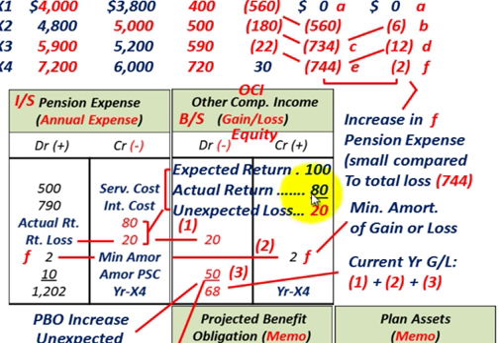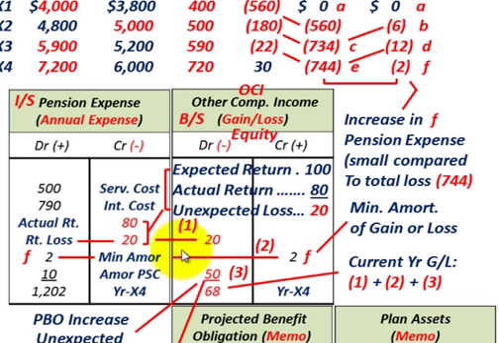Okay, so let's go back here. Now we're going to have to deal with our amortization amount here for the year, the gain or loss. And for year X4, we amortized the 2,000, or 2 here, as our total loss. Okay, so where does that fit into our other comprehensive income and our pension expense?